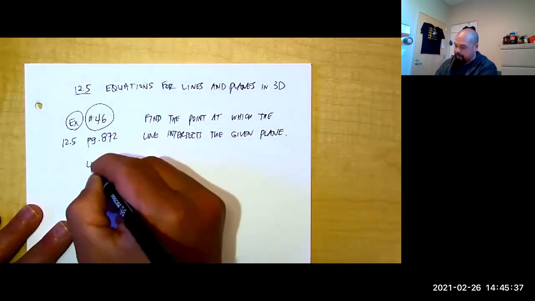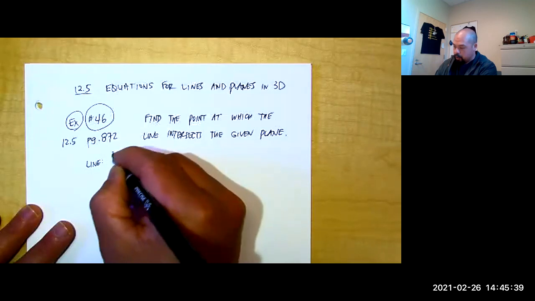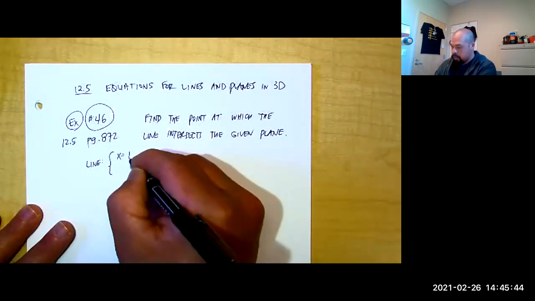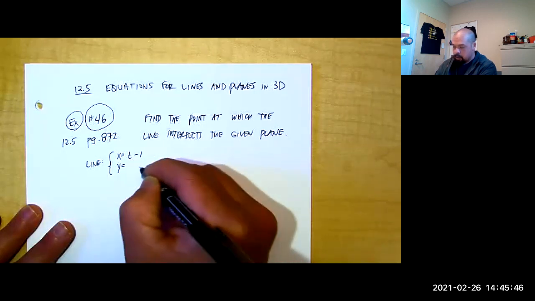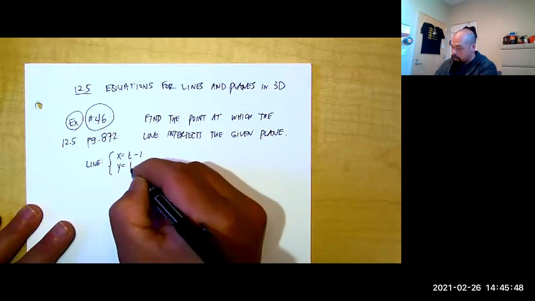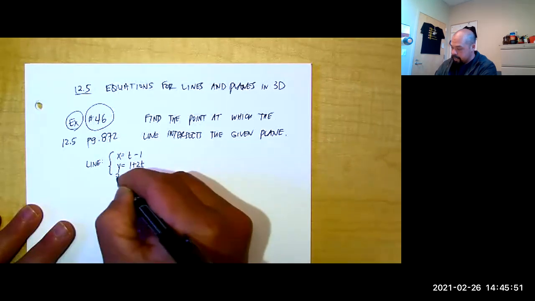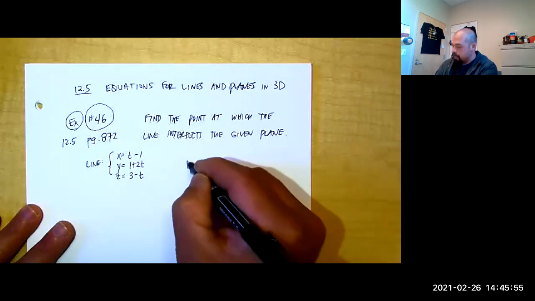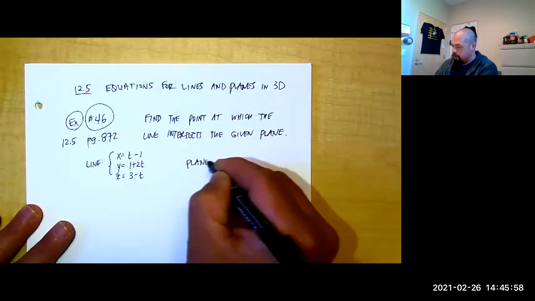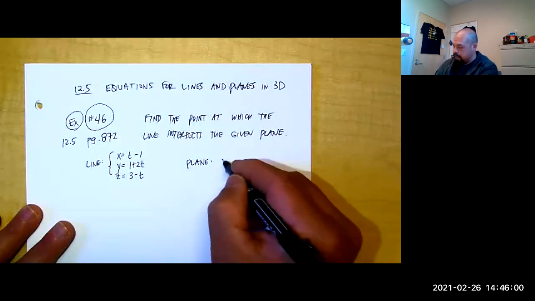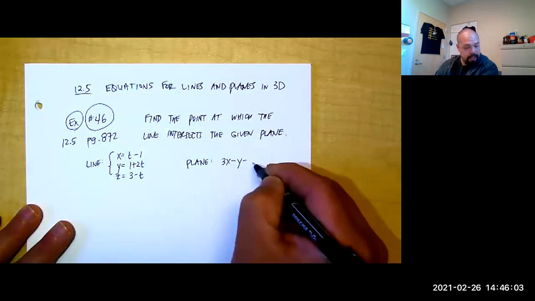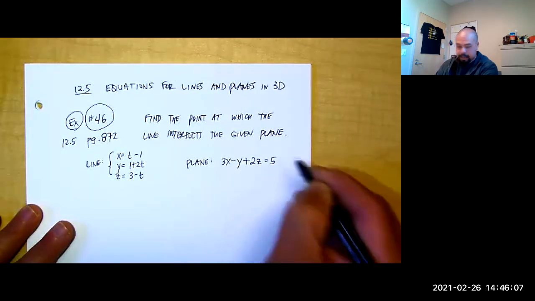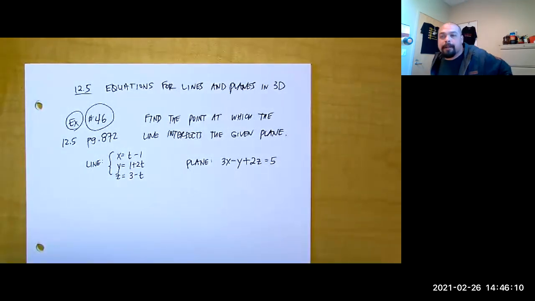And in this case, we have for our line, the equations here, x equals t minus 1, y equals 1 plus 2t, and z is equal to 3 minus t. Try to get those signs right. And then our plane having that equation, 3x minus y plus 2z is equal to 5. Make sure I copy that down properly.